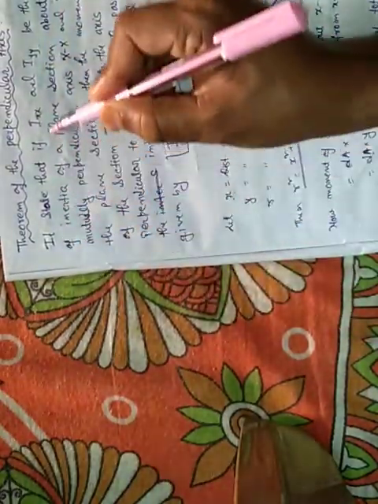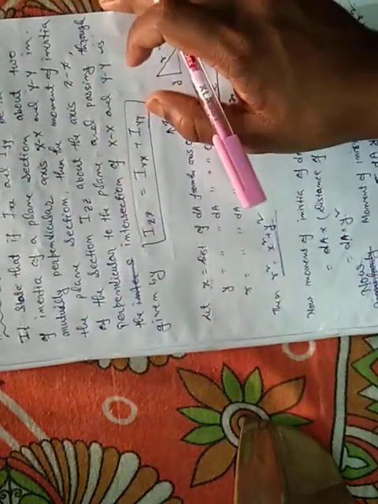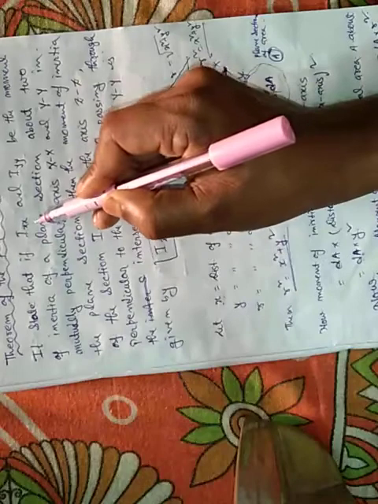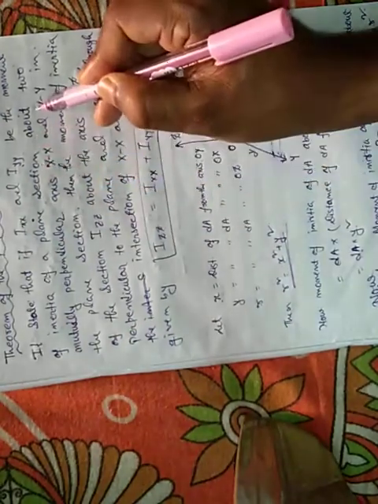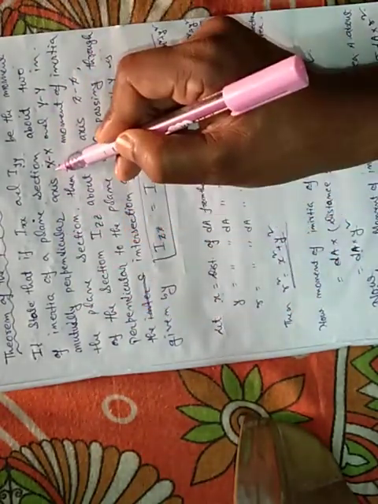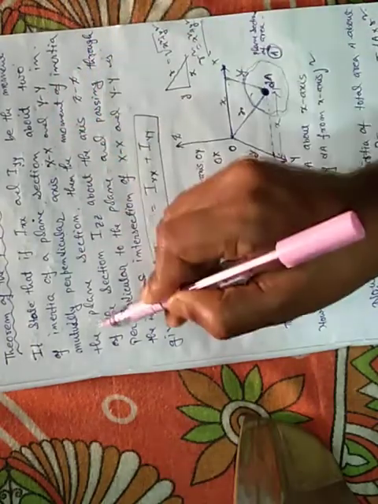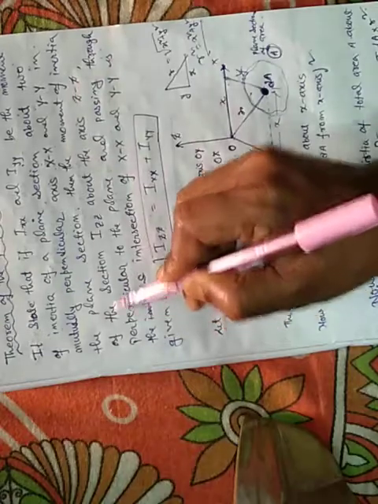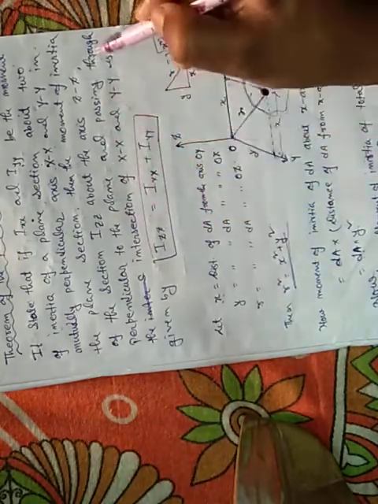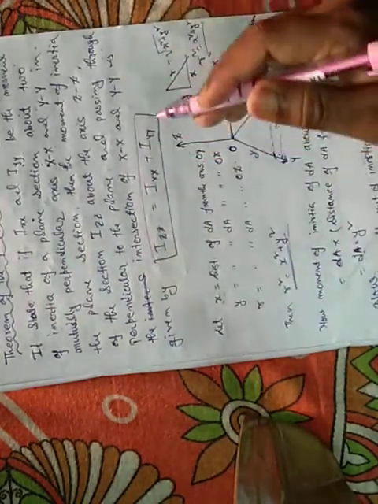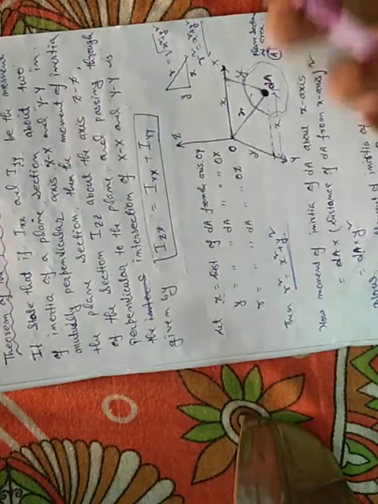It states that if IXX and IYY are the moments of inertia of a plane section about two mutually perpendicular axes XX and YY in the plane section, then the moment of inertia of the section IZZ about the axis ZZ perpendicular to the plane and passing through the intersection of XX and YY is given by IZZ equals IXX plus IYY.